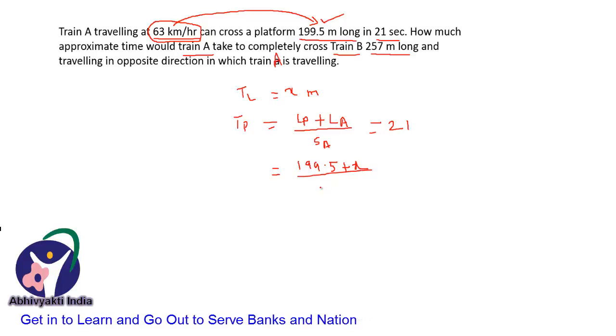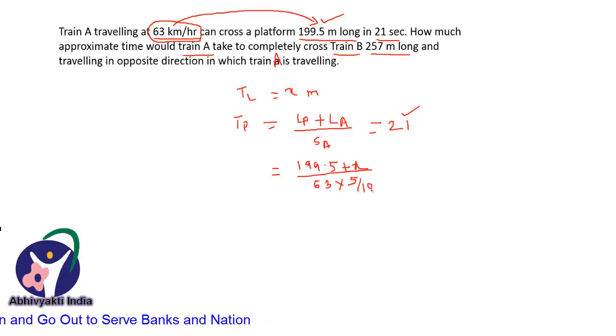divided by the speed of train A, that is 63 km per hour, which we have to convert to meter per second because the time is given in seconds, so it is to be multiplied by 5 by 18. If you solve this equation, which is equal to 21, you get x equal to 168.